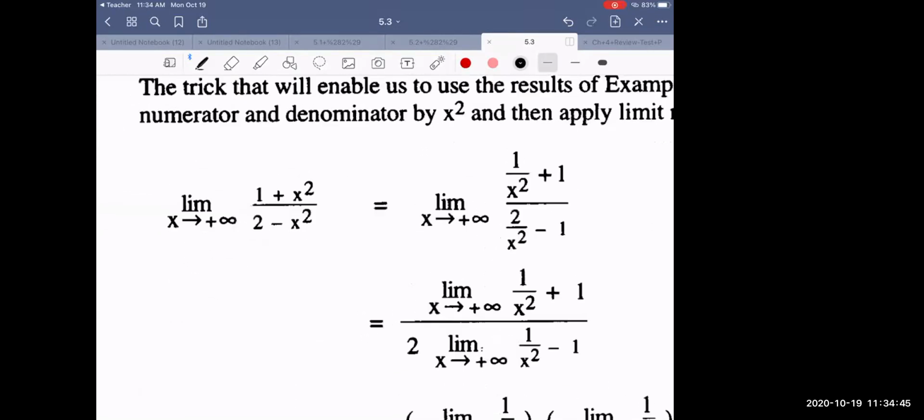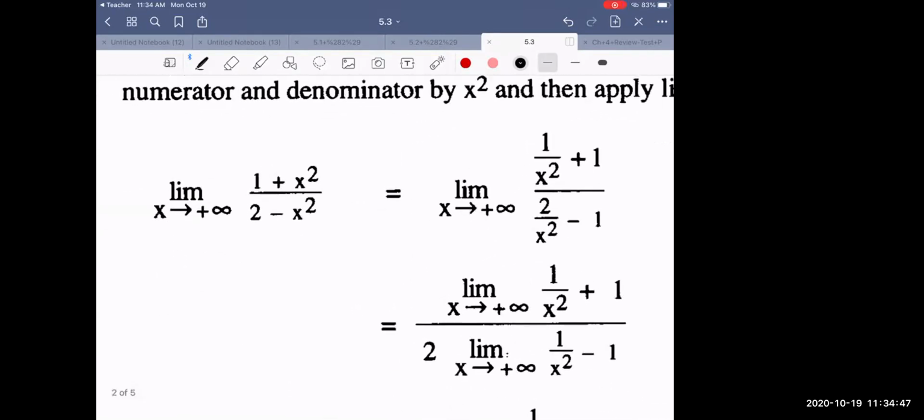When this happens with a rational function, number 1, you need to take the variable of the highest degree from the denominator.